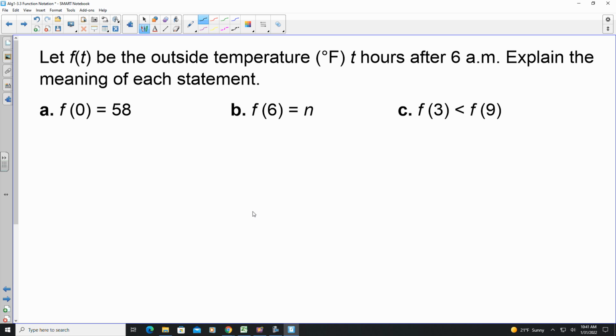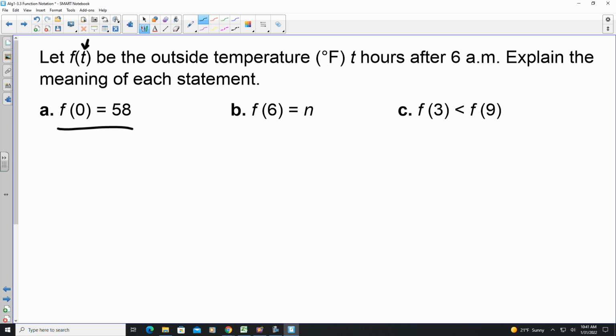Here it says, let f of t be the outside temperature in degrees Fahrenheit, and t is the number of hours after 6 a.m. They want you to explain the meaning of each statement. So here it says f of 0 is equal to 58. All right, well, what was the variable?